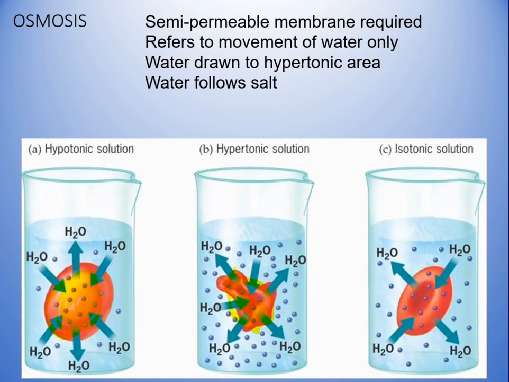Now, I know that some of you are like, wait a minute, Amy, the word hyper, I thought that concentration gradients were high to low, and you're saying that we're moving to a hyper area? Yeah, I am, because the word hypertonic refers to the solutes. That prefix hyper tells me that there's a lot of solute, right? That prefix hypo tells me that there's not a lot of solute. That's not talking about the water. Think about that one.